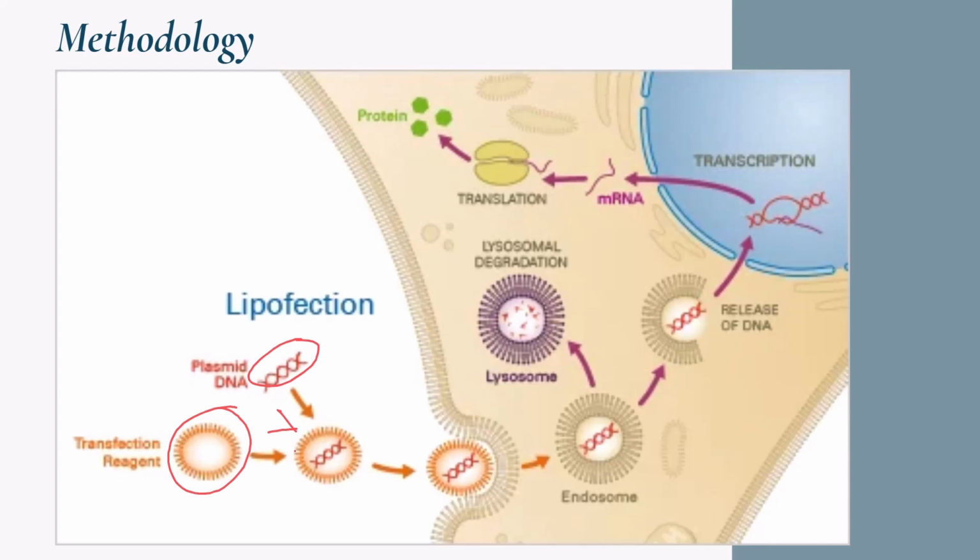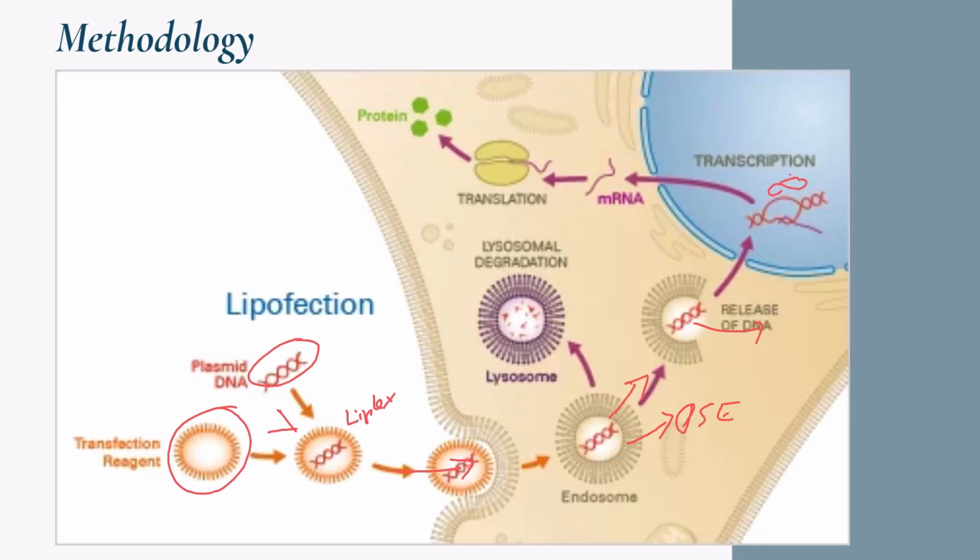When we look into the methodology, you can see the genetic material get incorporated into the liposome, and this is now called lipoplex. Then this lipoplex gets endocytosed and endosome vesicles are formed. Then the endosome goes through the proton sponge effect, releases DNA, and then transcription can occur.